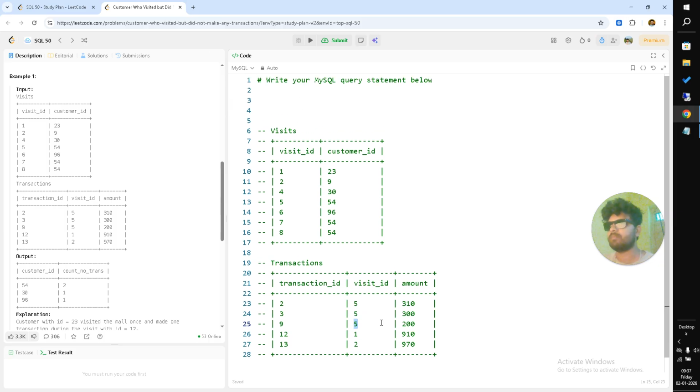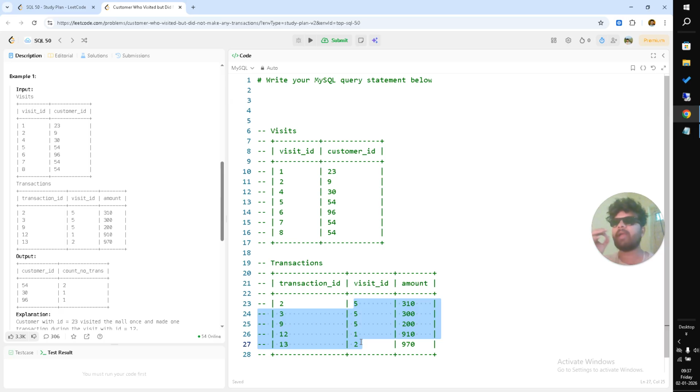So what I can do is check if visit ID one is not in the transactions table, then I will allow that customer ID into my new table.